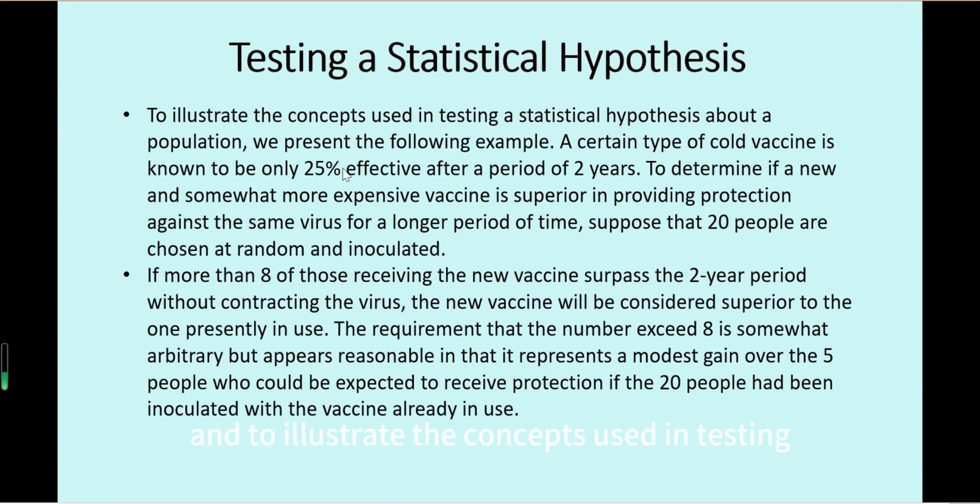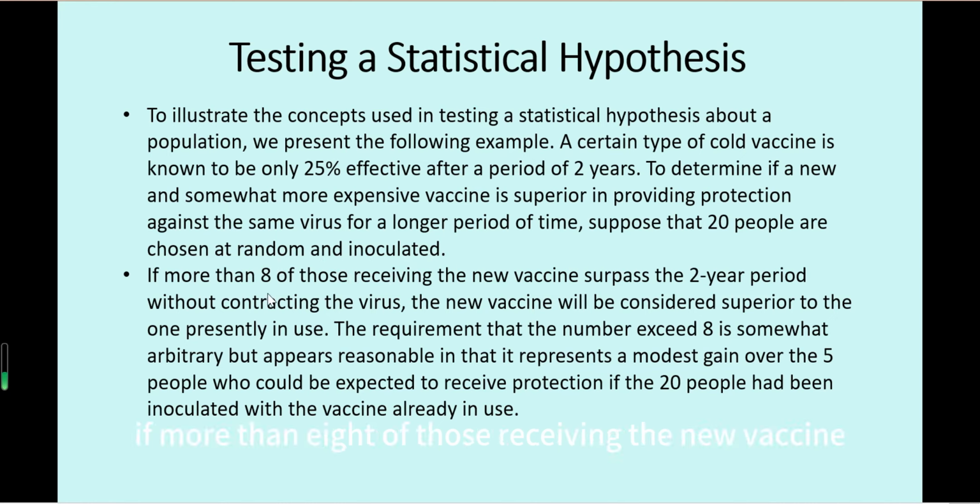And to illustrate the concepts used in testing a statistical hypothesis about a population, we present the following example. A certain type of cold vaccine is known to be only 25% effective after a period of 2 years. To determine if a new and somewhat more expensive vaccine is superior in providing protection against the same virus for a long period of time, suppose that 20 people are chosen at random and inoculated.